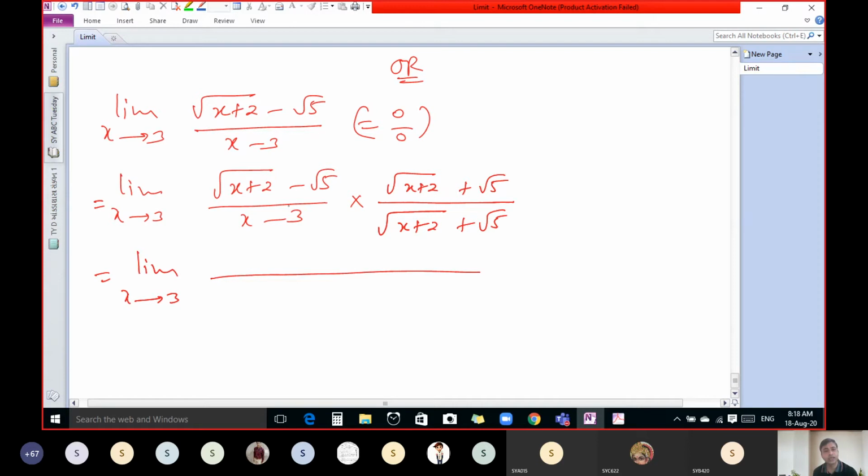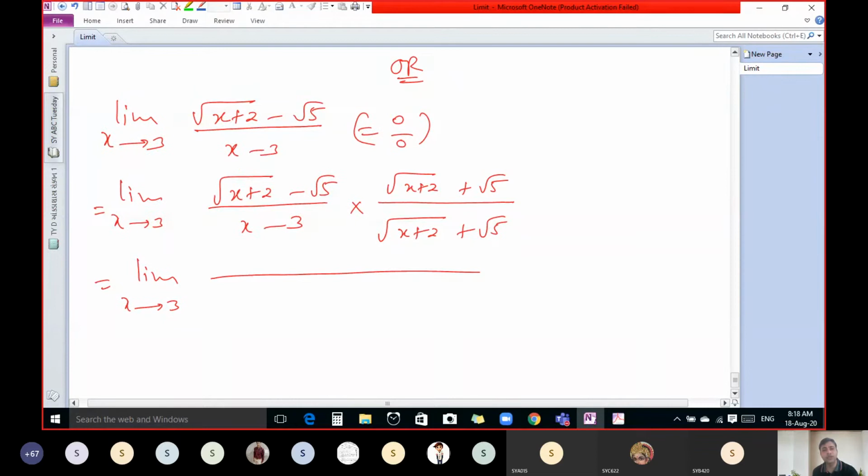It looks like a minus b into a plus b, and multiplication is there. So what we have to do? We know the answer. It is a square minus b square. And the denominator part you can write as it is.